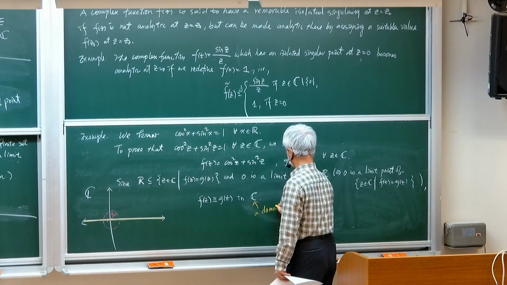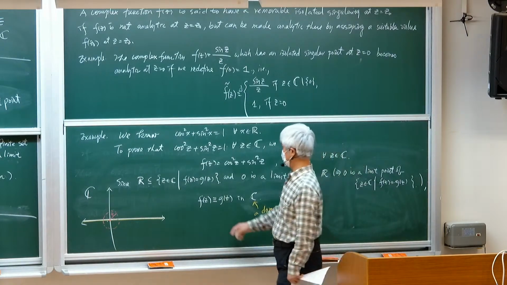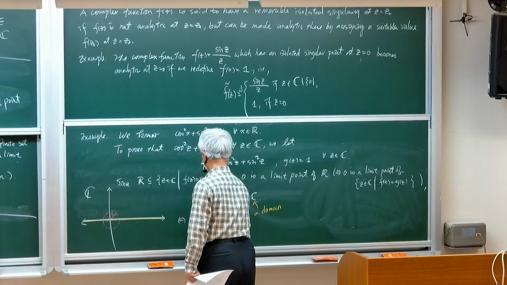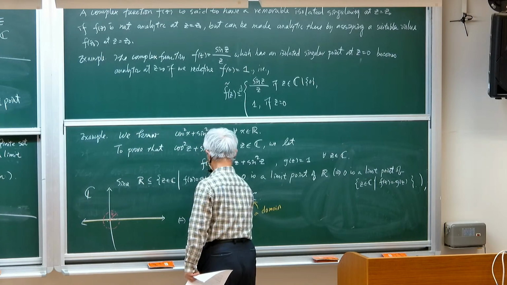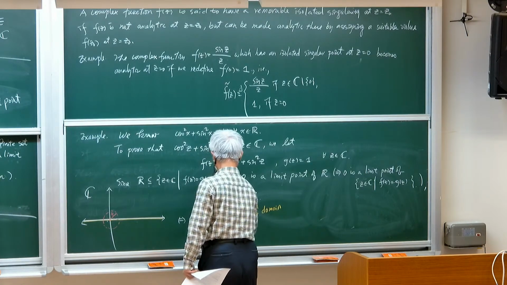The whole complex plane is a domain. It's open and connected. So this is saying that cosine square z plus sine square z is equal to 1 for all z in C.